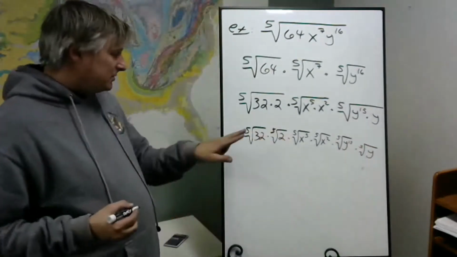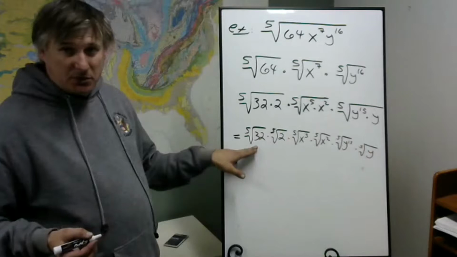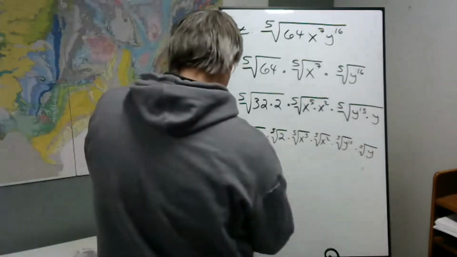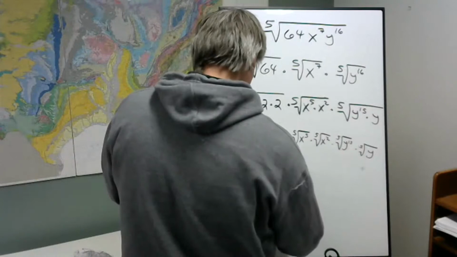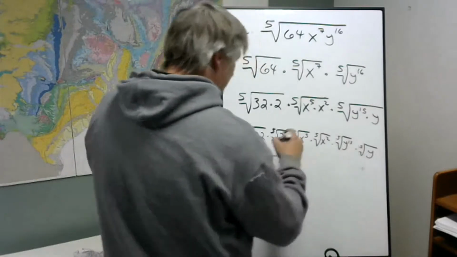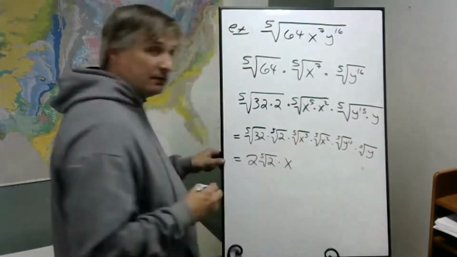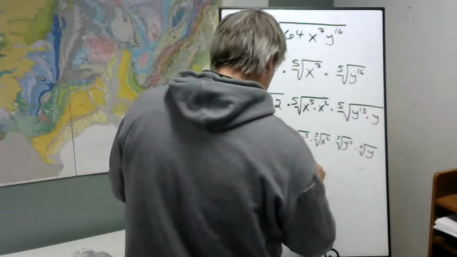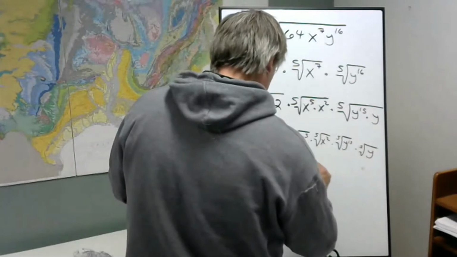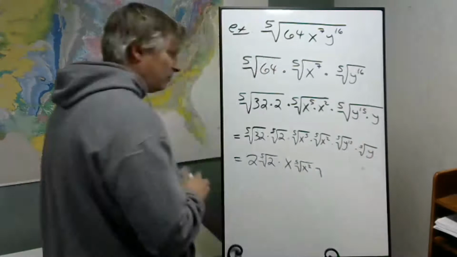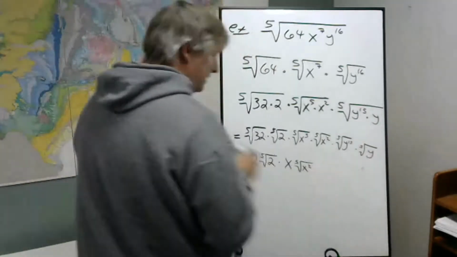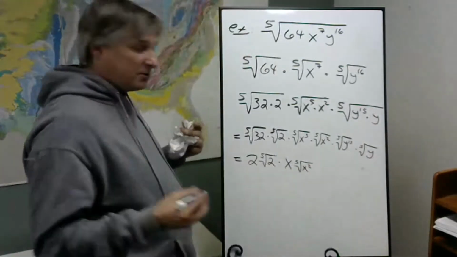So now we do our computations. Fifth root of 32 is 2. Fifth root of x to the fifth is x. Fifth root of y to the 15 is going to be y to the third.